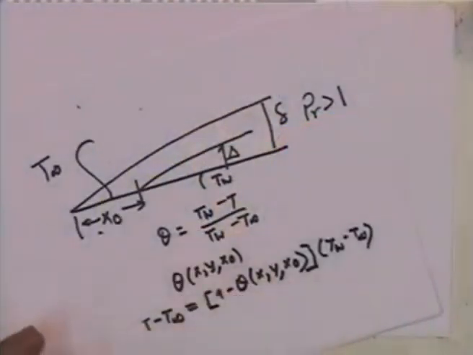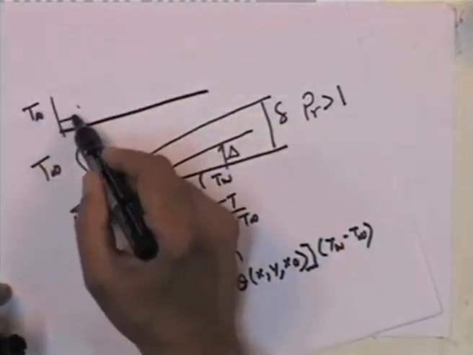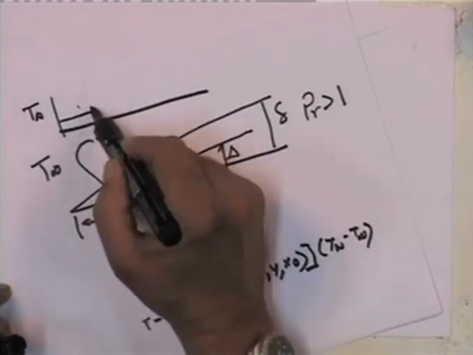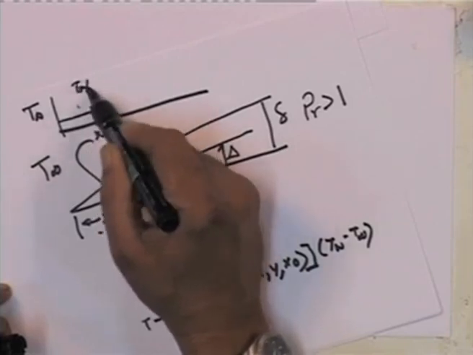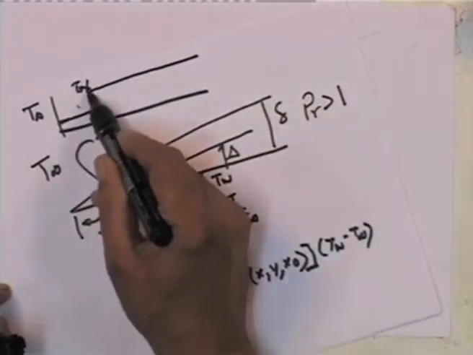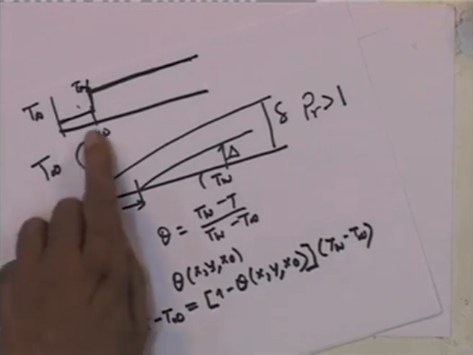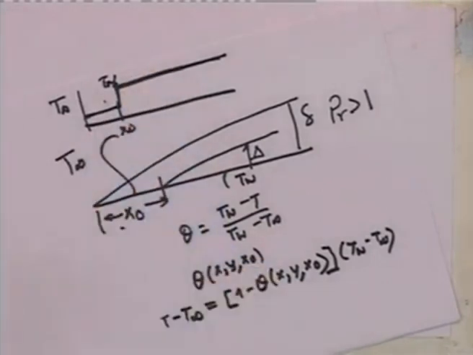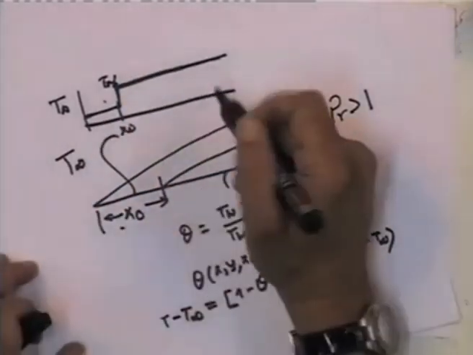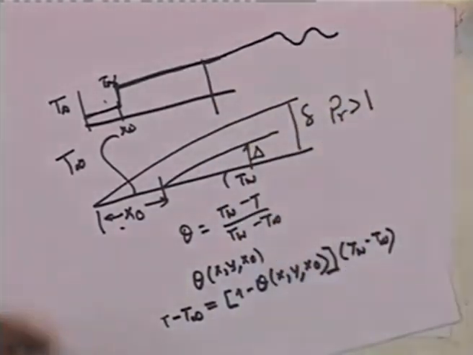But the case we have here is precisely the case of a step change, because if I plot Tw, well, it was equal to T infinity up to x naught and has been suddenly raised to Tw from x equal to x naught. In other words, we have a solution which responds to a step change in wall temperature. But I may also have, after some length x, that it may vary linearly or it may go like that, any variation is possible.